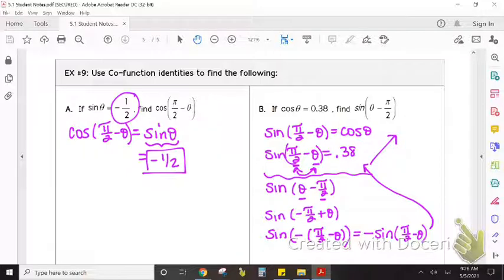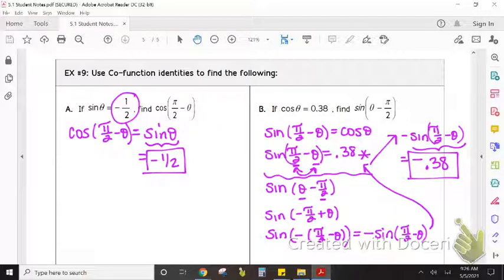So we know that what we are after, sine of theta minus pi over 2, is the same thing as negative sine of pi over 2 minus theta. And we just said the sine of pi over 2 minus theta right here was 0.38, so we're going to get negative, and that equals 0.38.